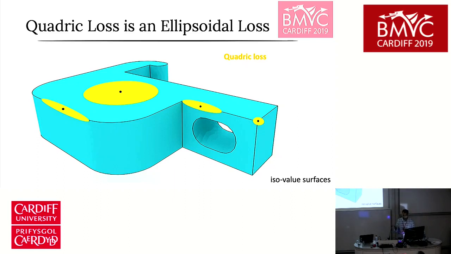Similarly, on edges, the reconstructed point can lie anywhere on the edge, but any displacement away from the edge would induce again more quadric error. And similar arguments can be deduced for points on corners as well. In comparison, chamfers or L2, they behave more like spherical losses where equidistant points have equal error.